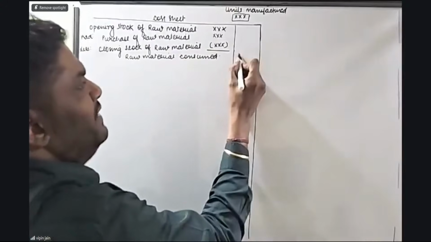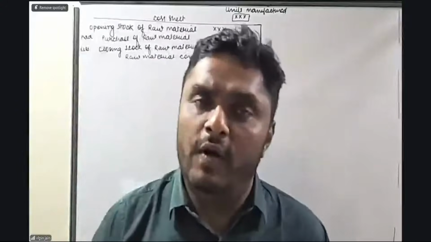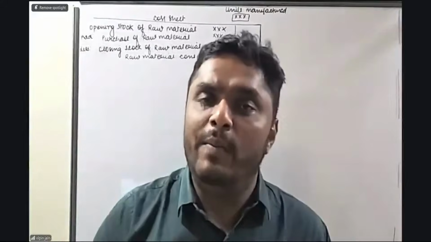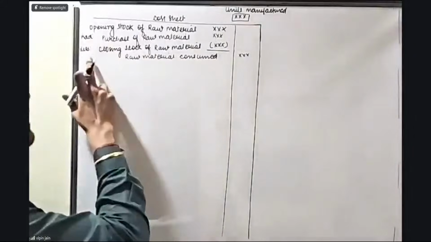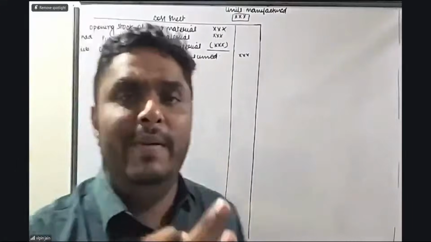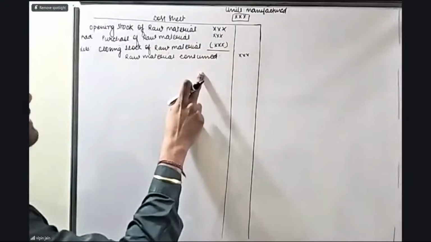So now we are done with the total, that is raw material consumed: opening stock of raw material, add purchase of raw material, what is adjusted in the purchase cost of raw material I have discussed, less closing stock of raw material, we get raw material consumed. So direct material is over.